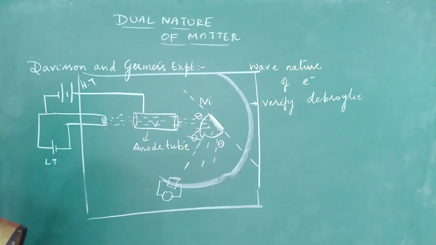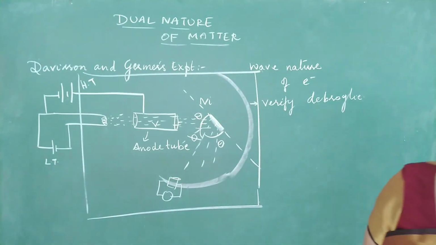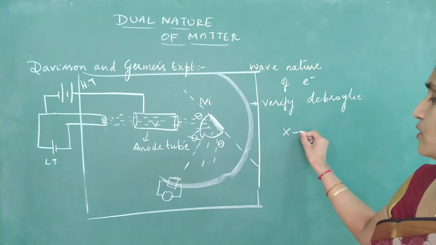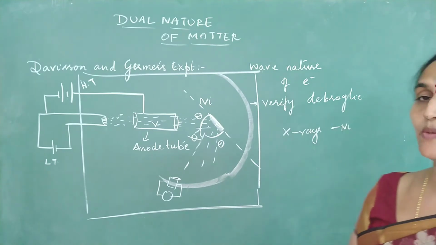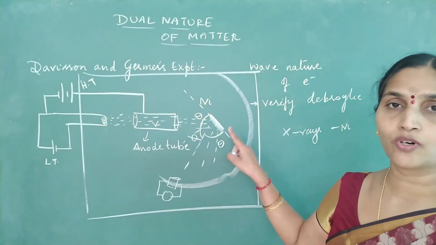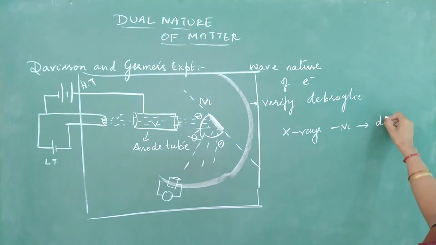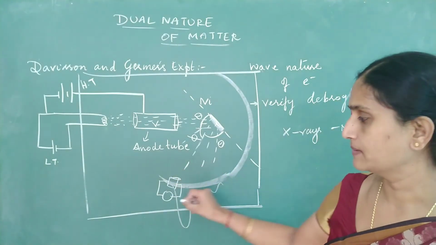Now look at what the aim of this experiment was. What exactly Davisson and Germer were studying is, if X-rays are made to fall on nickel, we know X-rays are electromagnetic radiation. When a beam of X-rays is made to fall on a nickel crystal, this will show the diffraction phenomenon. That means the scattered beam will have maxima and minima.